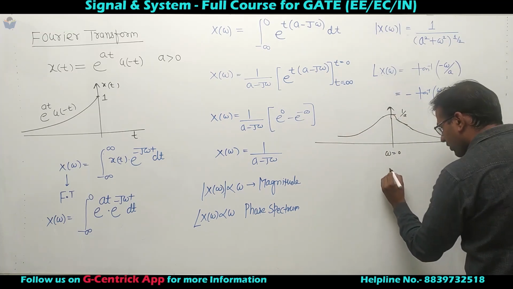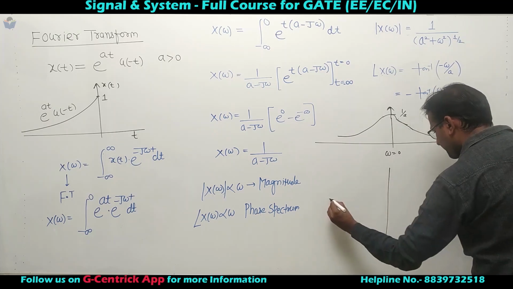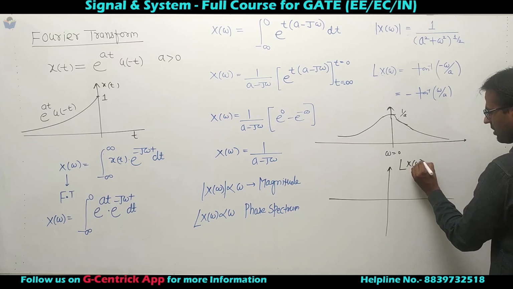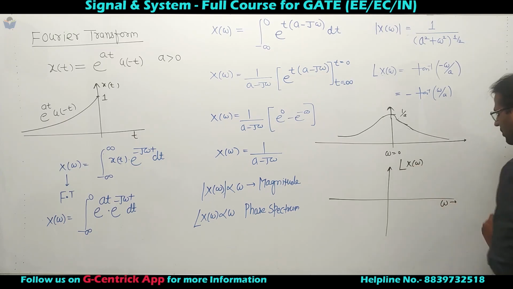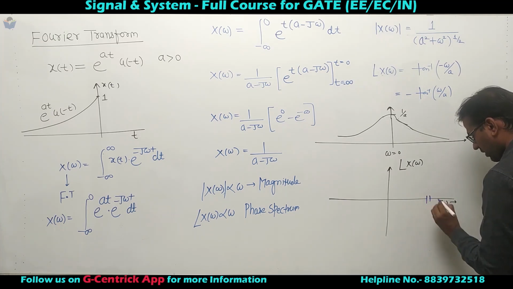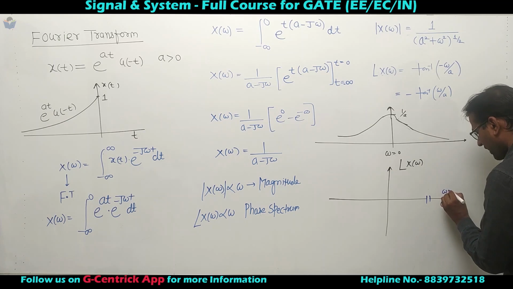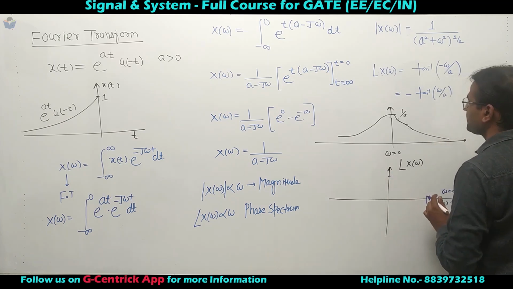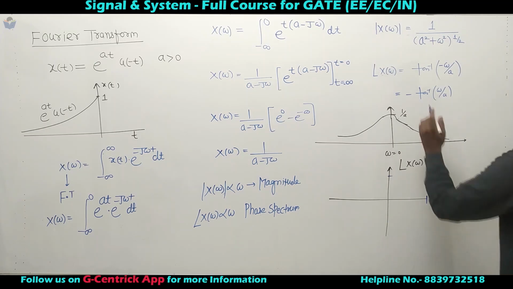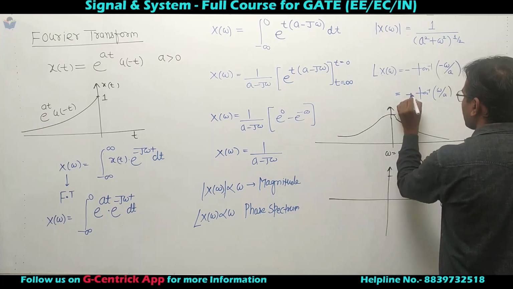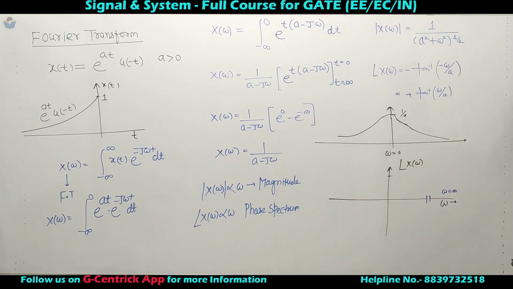Then the phase spectrum is now different. On the vertical axis I am drawing the angle of x of omega, on the horizontal axis we are drawing omega. So when omega is plus infinity, the angle is minus 90 degrees. Acha, one minus from this and one minus because this lies in the denominator, so there are two minuses which make it plus.